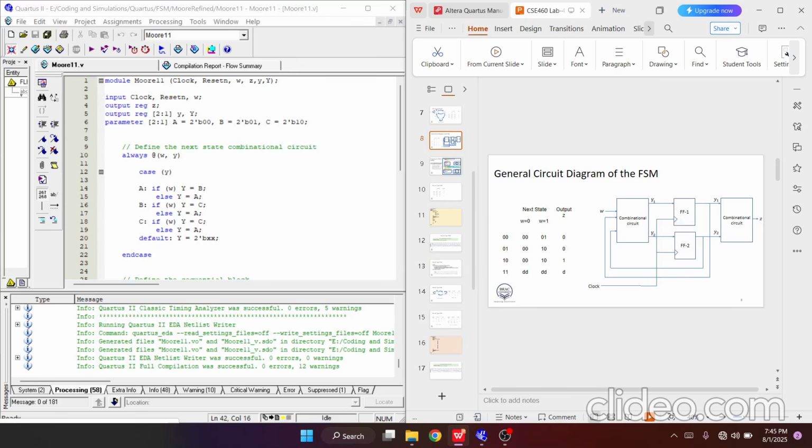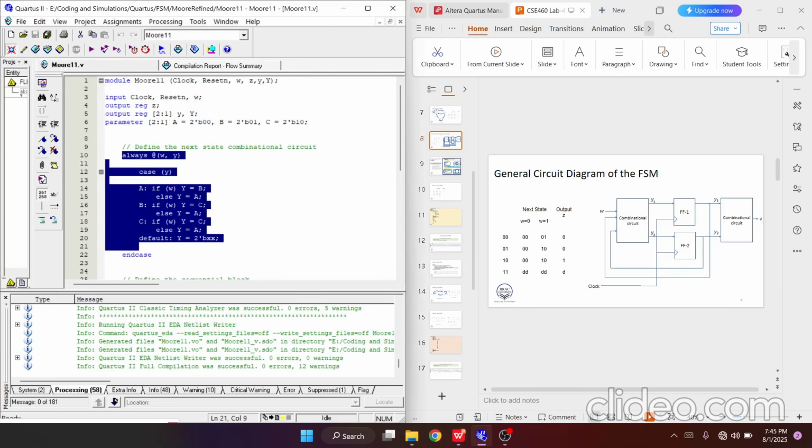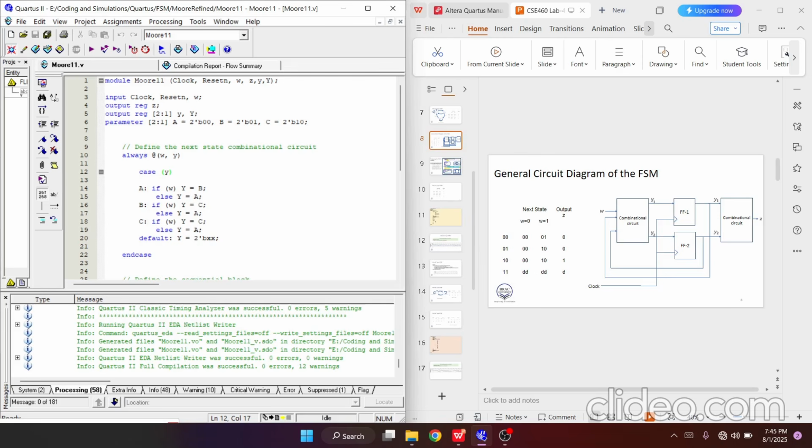So here we are defining the combinational logic for capital Y in this block. In the sensitivity list, there is small y and w. You know how they work already, and I hope so.